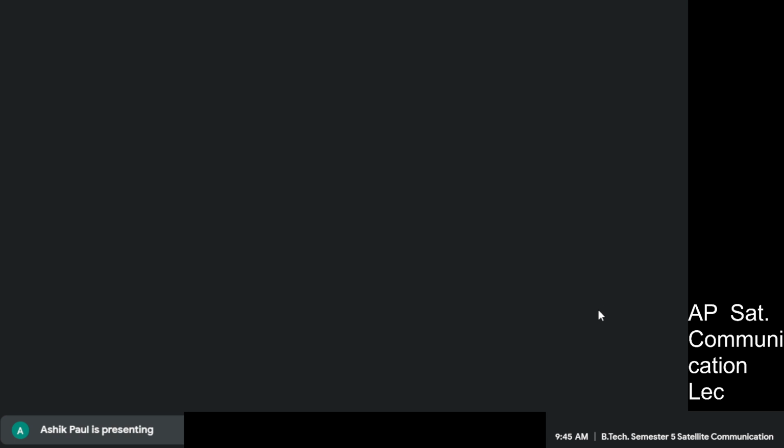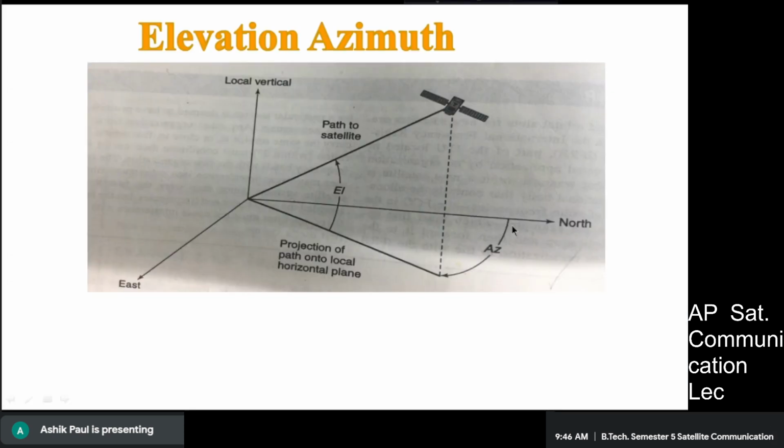So you join that with the center of the Earth, from the Earth station until you reach that projection point. Then that angle through which you have to move towards the east from the north direction defines your azimuth. And the range of azimuth, as you can see, could be from 0 to 360.